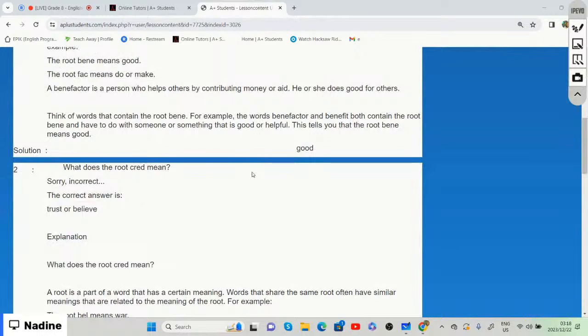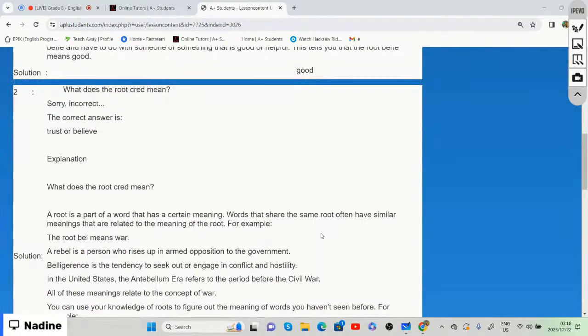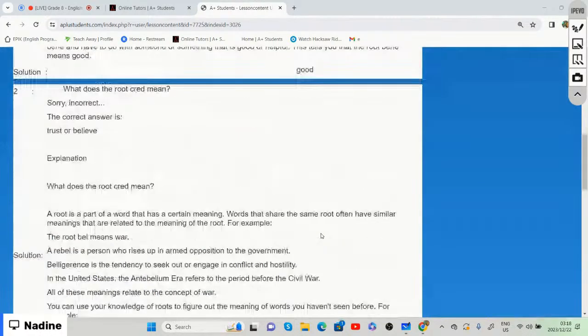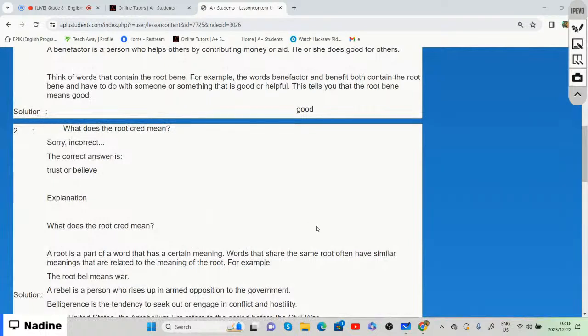Look at the word cred. We need to say what the root cred means. If we think of certain words that we can make with that root word, for example credible, credentials, those are all words with the root word cred.